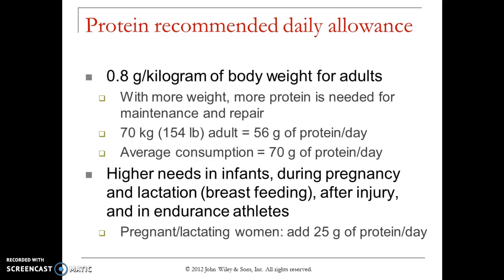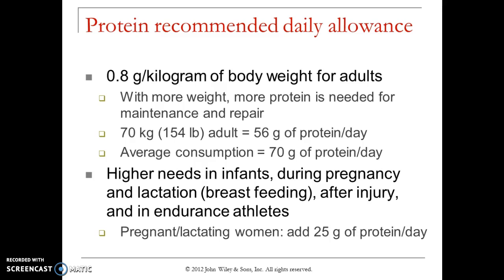So if you had a 70-kilogram adult, you could take 70 kilograms and multiply it by 2.2 to get 154 pounds. Or, if you're 154 pounds, you can divide that by 2.2 to find your weight in kilograms. So that, the 70 kilograms times 0.8 grams per kilogram per day equals 56 grams.